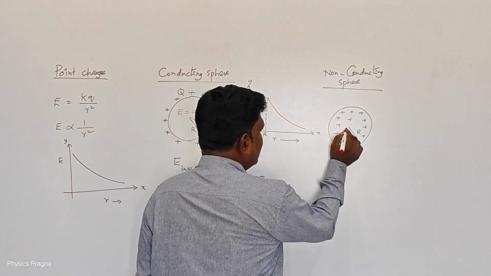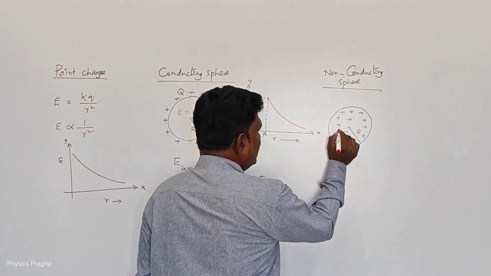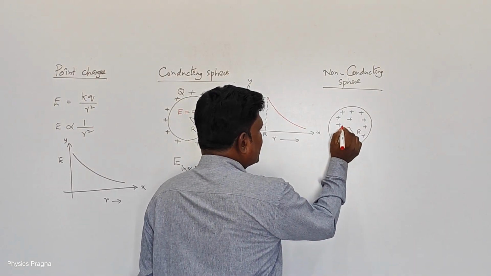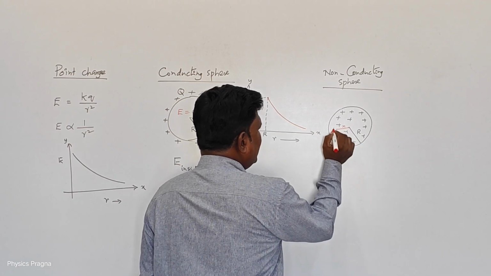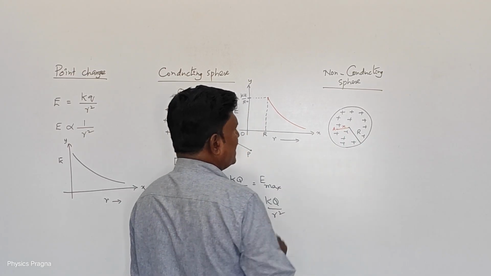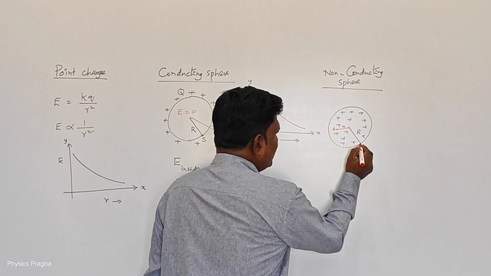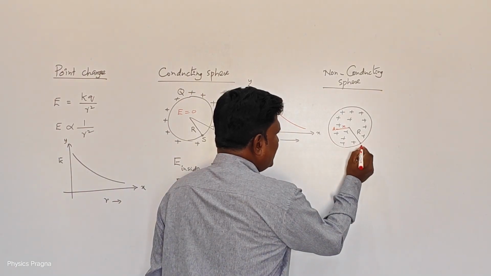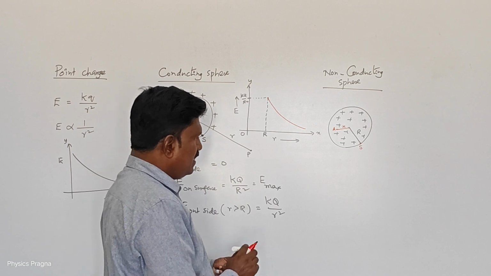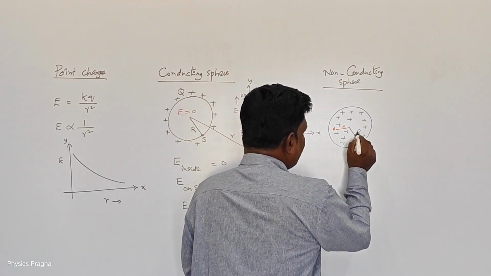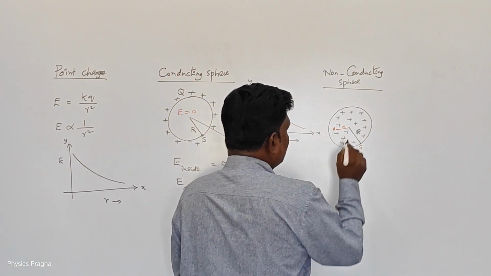So let me take a small point at x distance. This is point A, which is inside, and I have taken another point S on the surface of the sphere. The radius of the sphere is r, right?